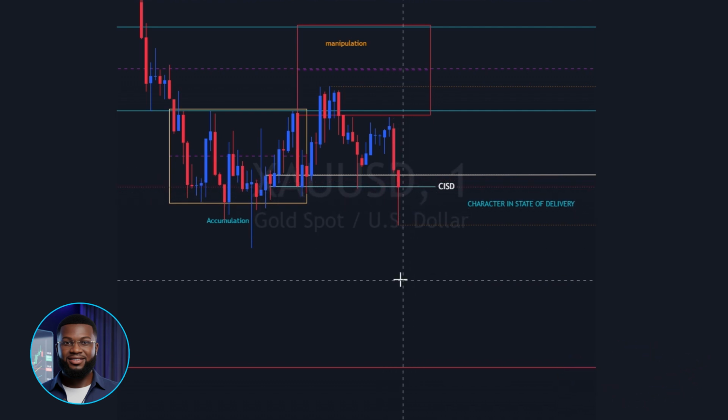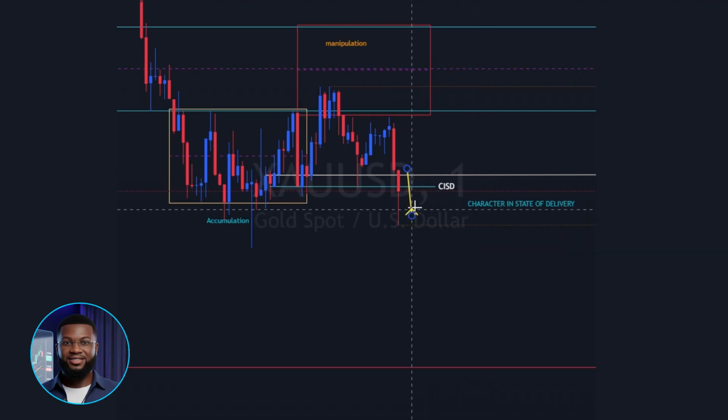There's quite a good load of momentum right here. So let's look for a candle closure or a retest, as I said, or price closes below this level right here.